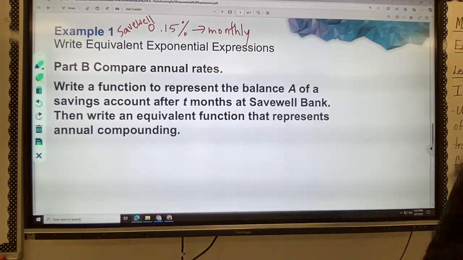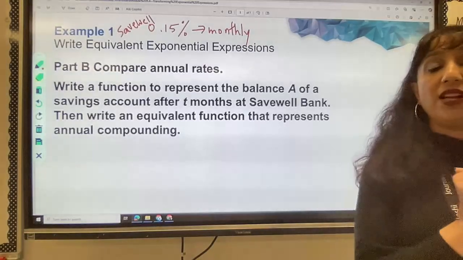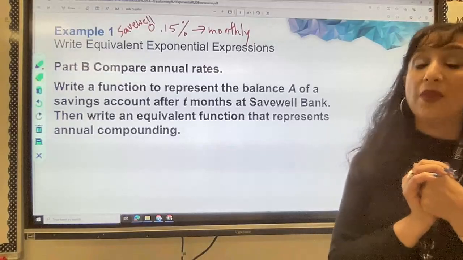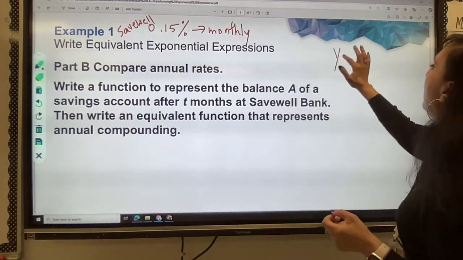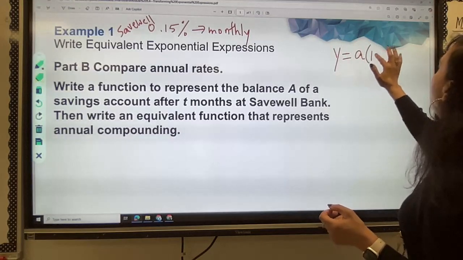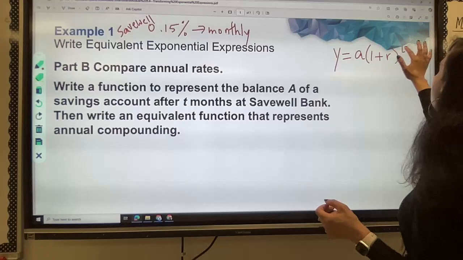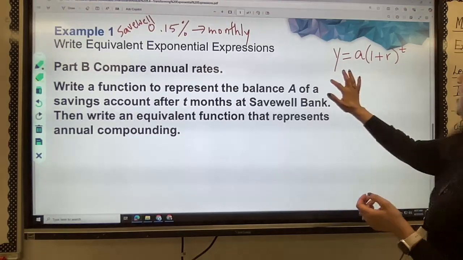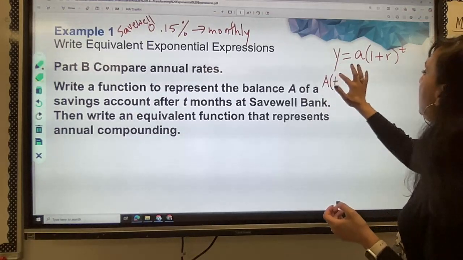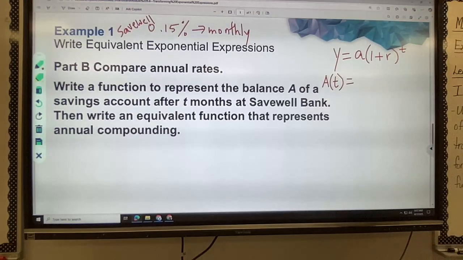And we know that the Savewell interest rate was 1500%. So let's go ahead and write our equation for exponential growth, which is y is equal to a times 1 plus r raised to the t power. All right, so over here, we are going to say y is A of t, is equal to, what is my a?